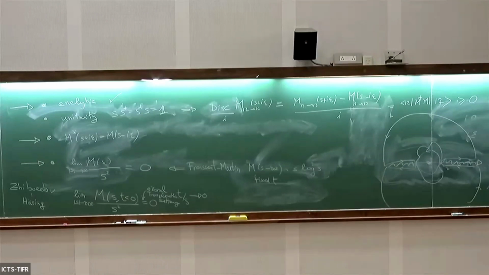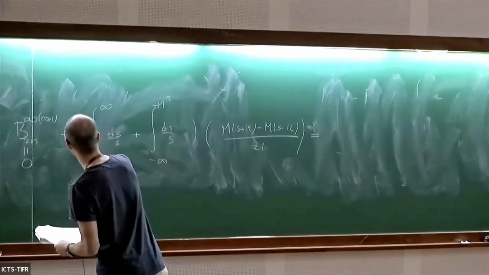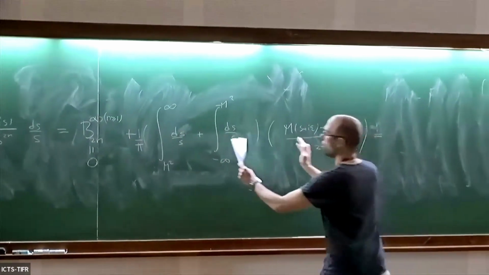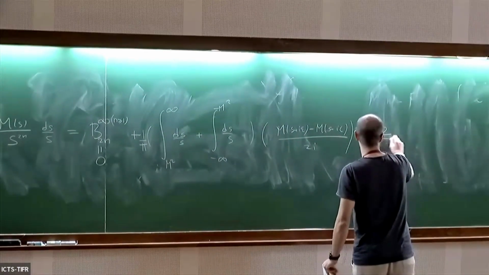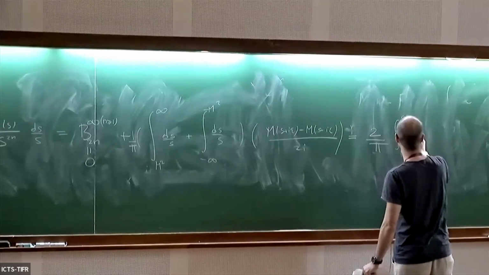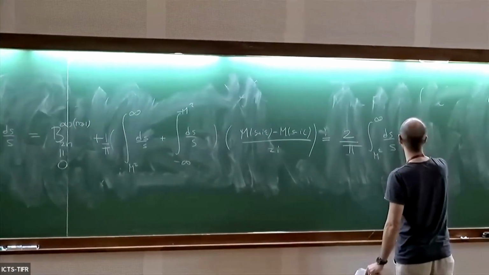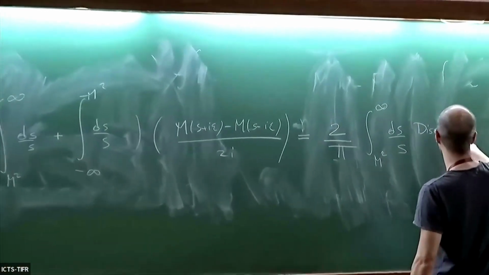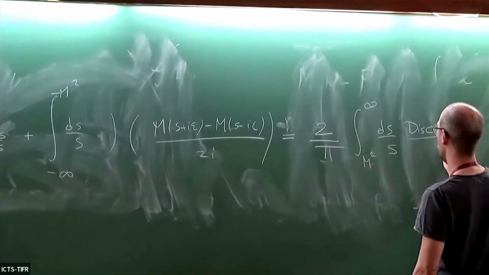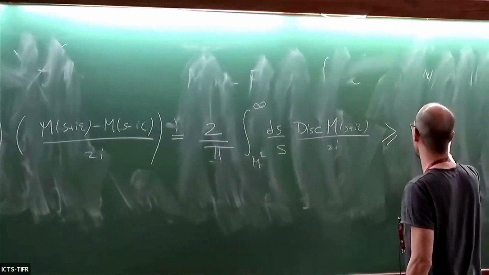There's a pi missing, this pi here. So these two integrals sum up together and give you twice over pi, integral from m squared to infinity, ds over s, of the discontinuity, M(s plus i epsilon) divided by 2i, and that by unitarity is positive.